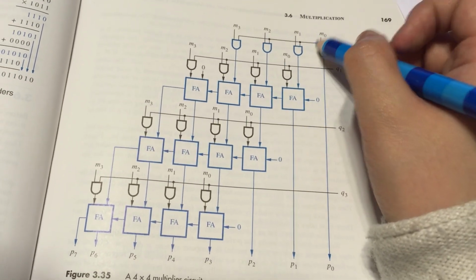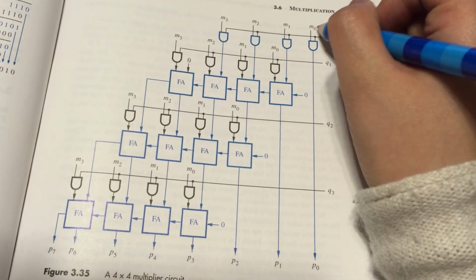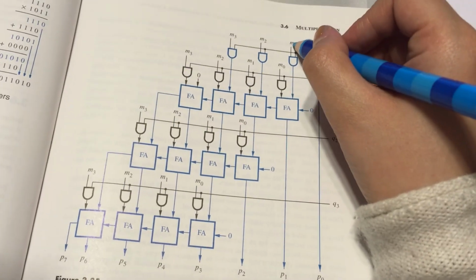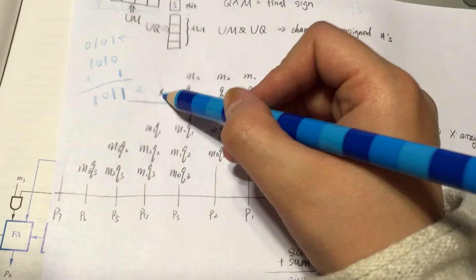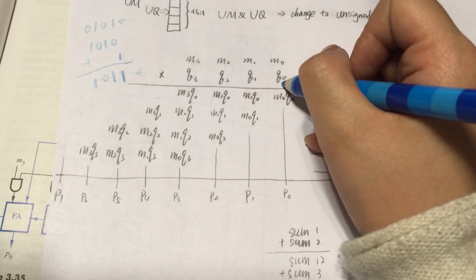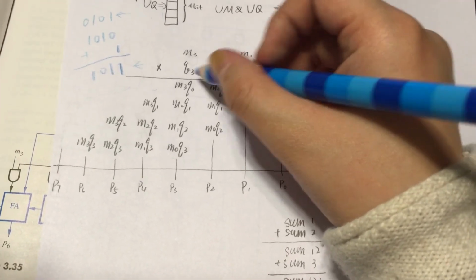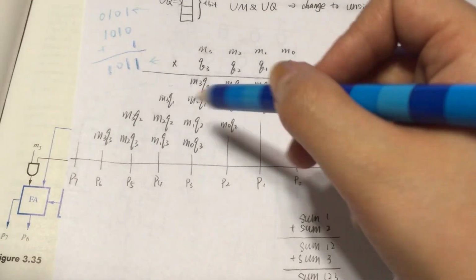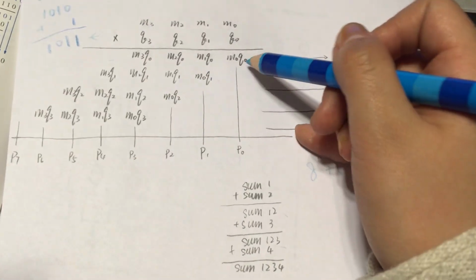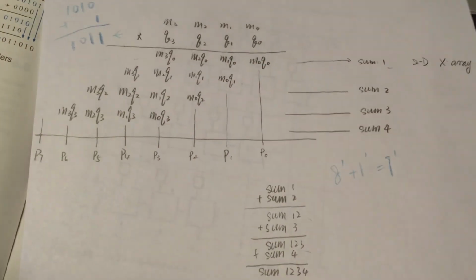We use AND gates for the two numbers, like M0 times Q0, M1 times Q0, and we write them down here. This is the mathematical way to do the multiplication: M0 times Q0, M1 times Q0, and each row is for Q0, Q1, Q2, and Q3, and then we sum them to get the final answer.